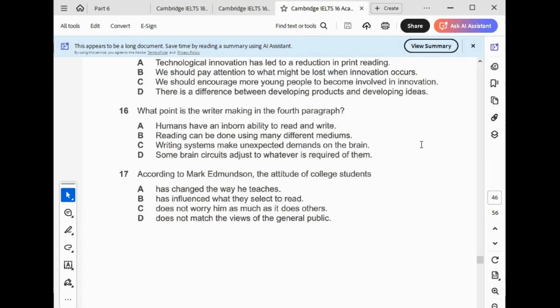So number 17 is B. Number 16, what did I pick for number 16?